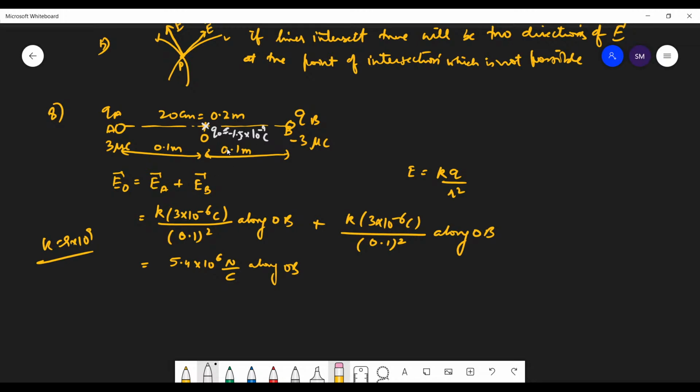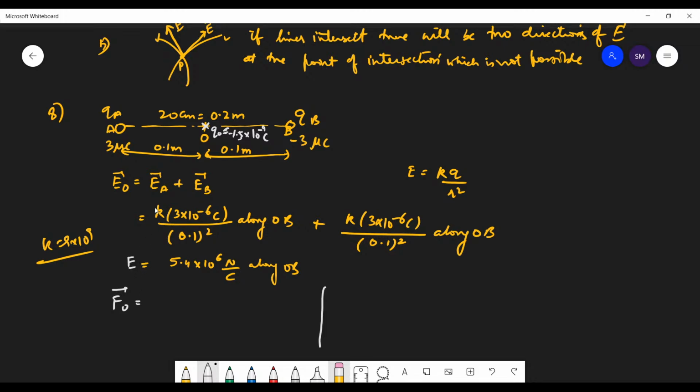The force experienced by this charge is given as F equals QE. So E is given to us. There are two ways: either find the force due to this and then the force due to this, but the beauty is that we know the value of E at this point.